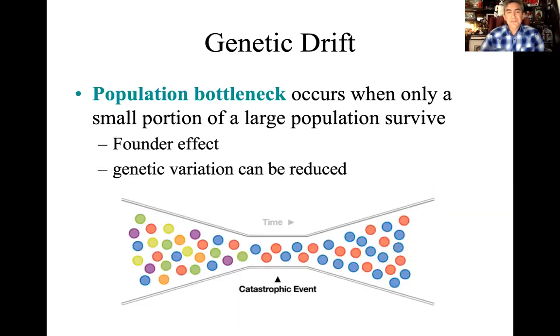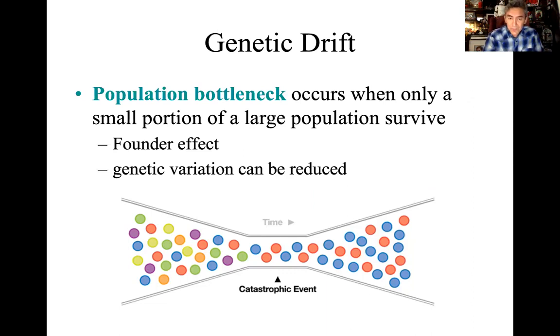Associated with genetic drift is the idea of a population bottleneck effect. So it occurs when only a small portion of a large population survives. So our population, our gene pool, is very diverse. We have many different colors. Something happened, a catastrophic event, the volcano, the earthquake, the tsunami, something happened where most of the individuals died. They were at the wrong place at the wrong time. They got trapped, whatever.